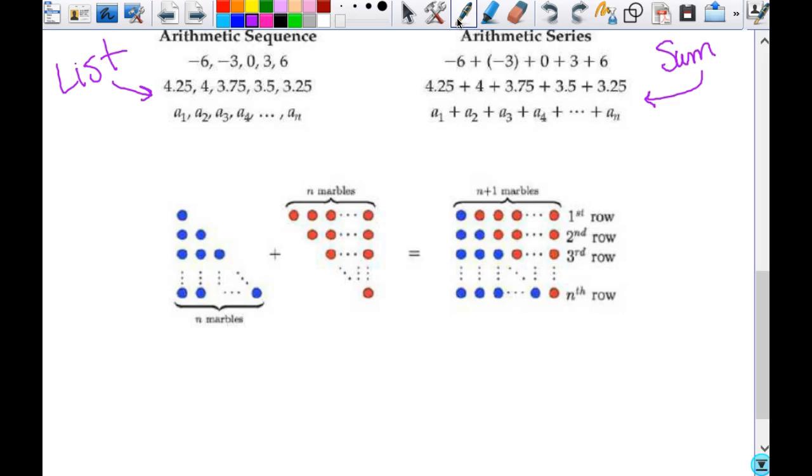In general, the idea is that if I'm going to add the numbers 1 to 100, how many numbers am I adding? 100, right? There's 100 numbers I'm adding. So there's 1, then 2, then 3, all the way to 100, or n in this case.